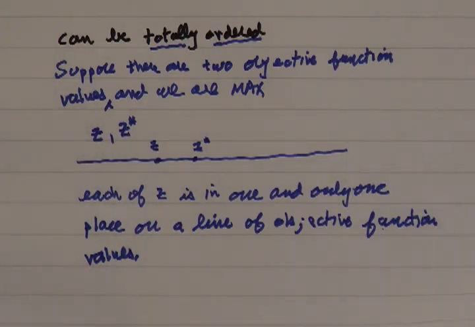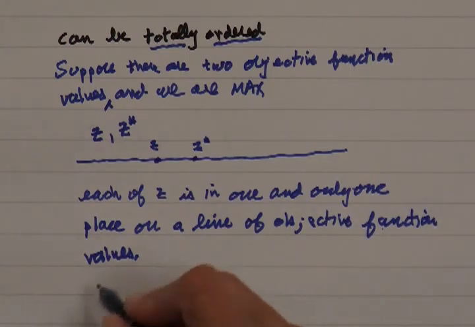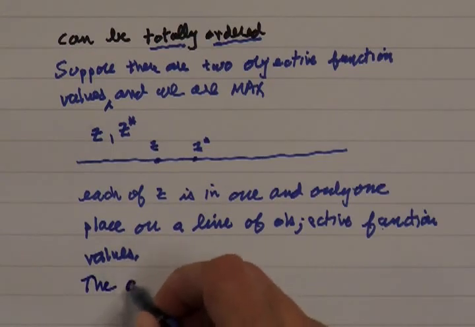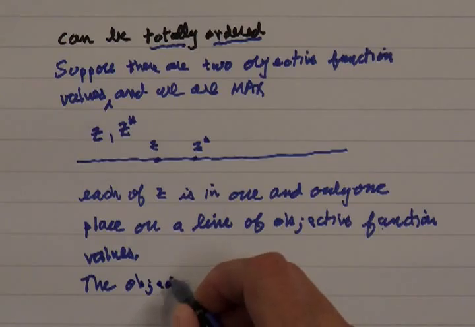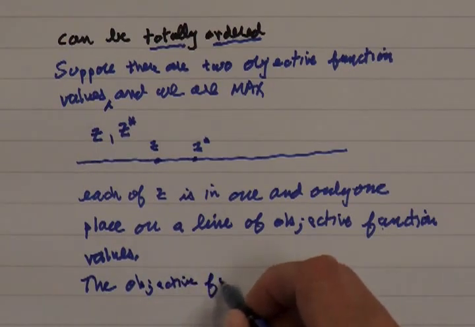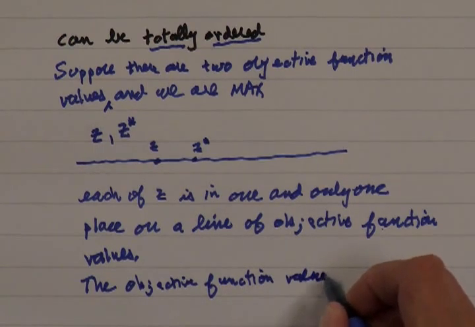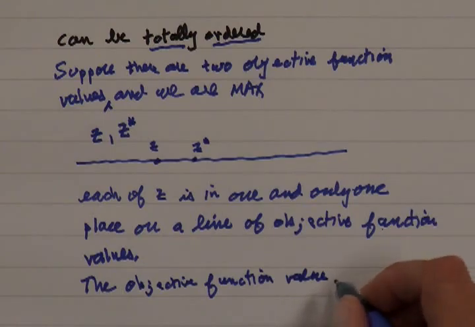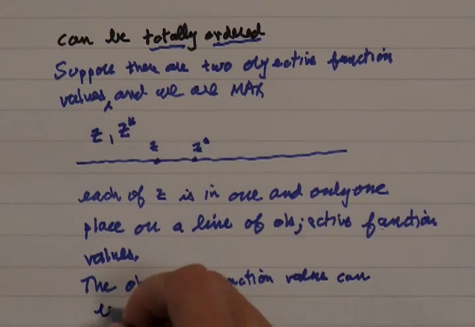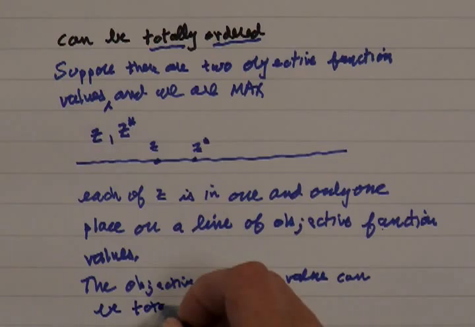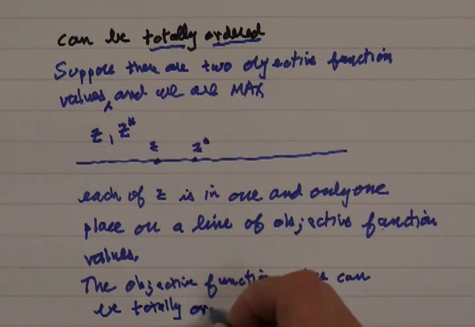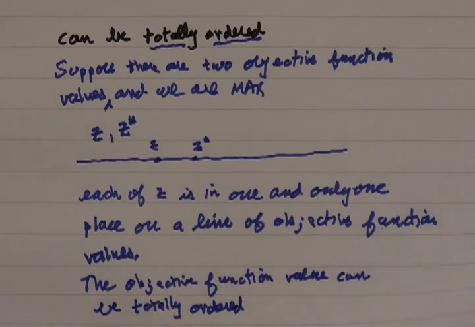Now, another way to put this is that the objective function values can be ordered. Like we said, totally ordered.